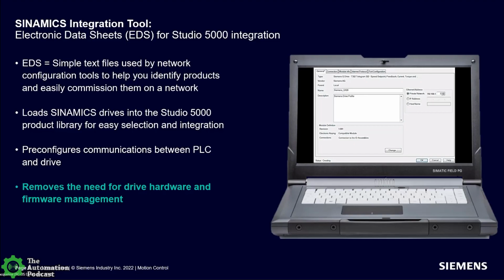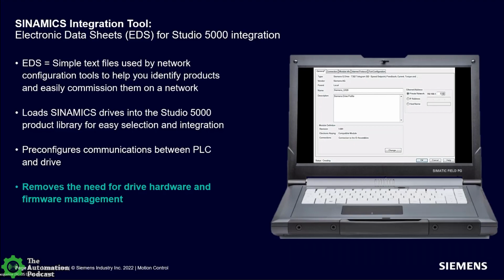And so this can involve, one, knowing what firmware you have, and two, flashing that firmware to the correct revision. But with this EDS file, if a Synamics drive were to fail, you could just replace it with another Synamics drive and you don't have to worry about that firmware.